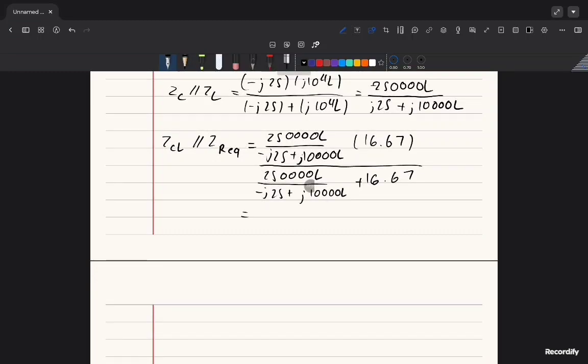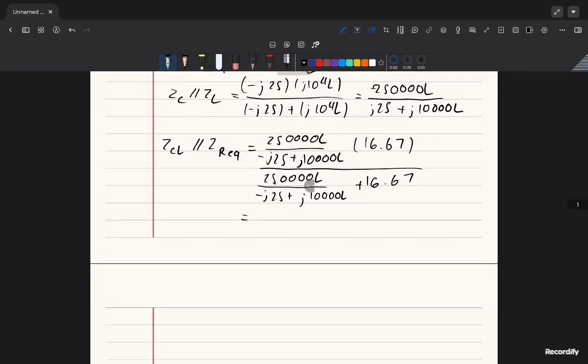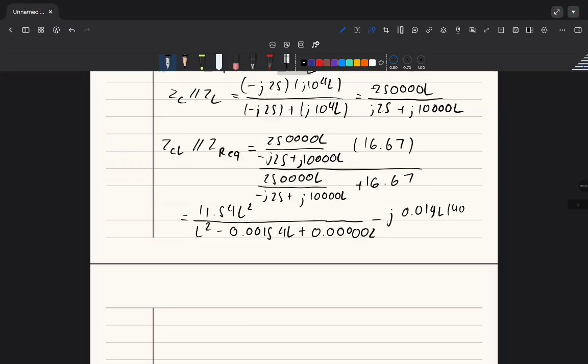Using the magical calculator to simplify this equation, we get roughly 11.54 squared over a denominator, minus the imaginary part, which is 0.019 L, over the same denominator.